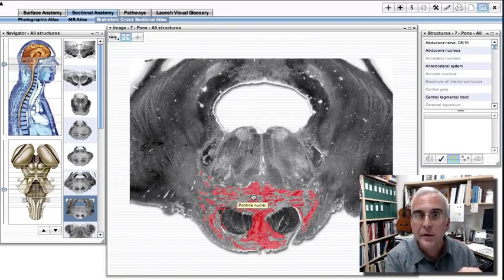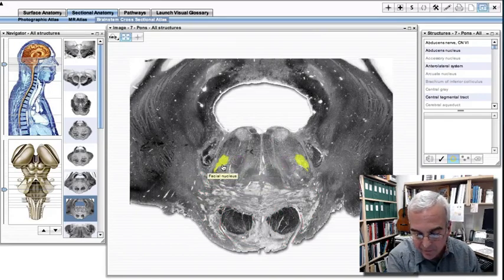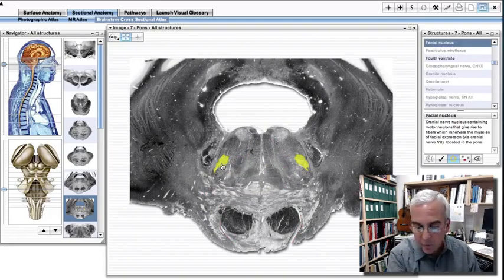Now these neurons in embryological development migrate to a somewhat lateral and intermediate position in the tegmentum of the brainstem. And for the facial motor nucleus, we find it right here. So now in yellow, we have our facial motor nucleus.